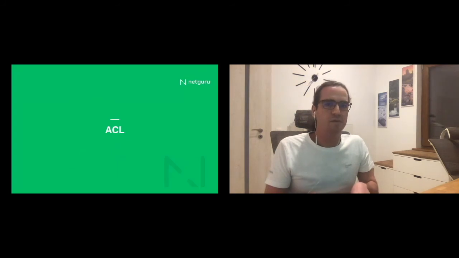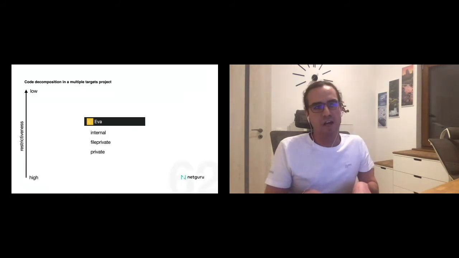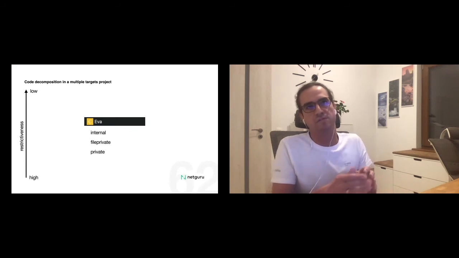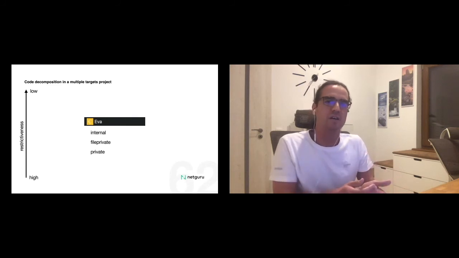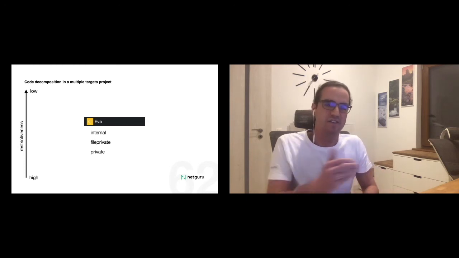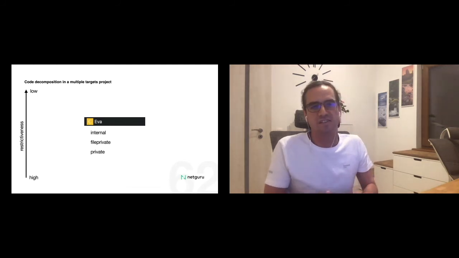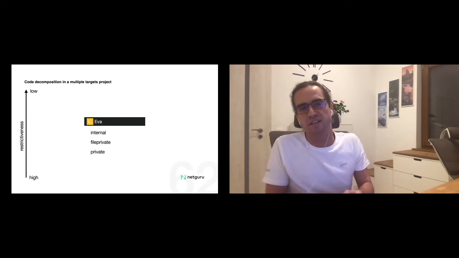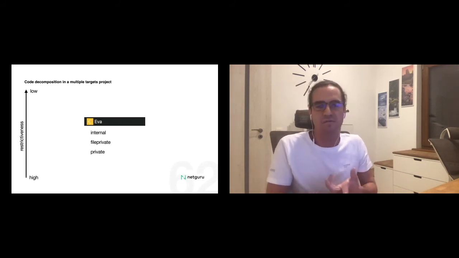Okay, and moving further to ACL, probably most of you know what it means. It's access control level. And this is the situation that we have by default. We have an application, and we have 3 different keywords that specify access. Internal is the default one, and if you would like to make this restrictiveness a little bit higher, then we use fileprivate or private.